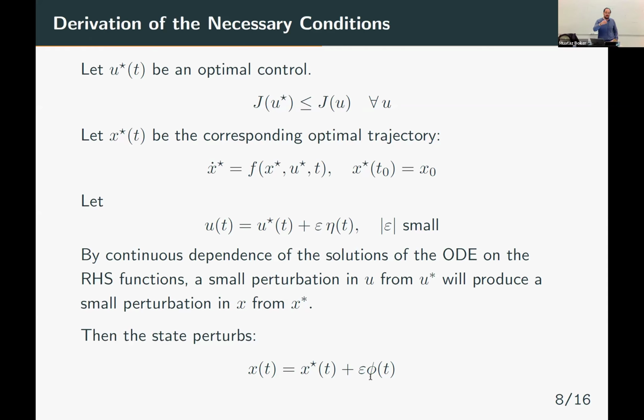It gets smaller as epsilon gets smaller. That's the idea here. So this is the variational approach setup. We perturb U star, and that perturbation will induce a perturbation in the state.